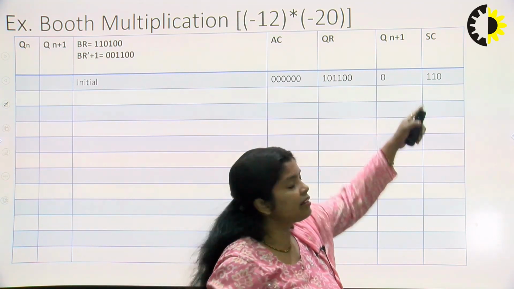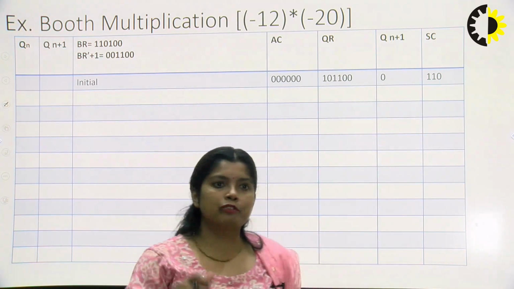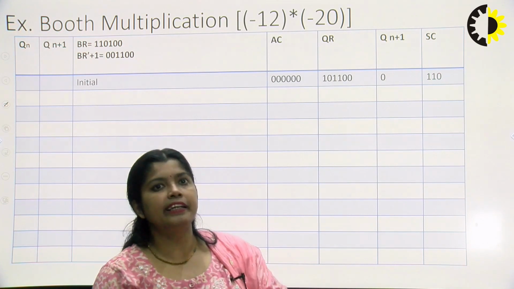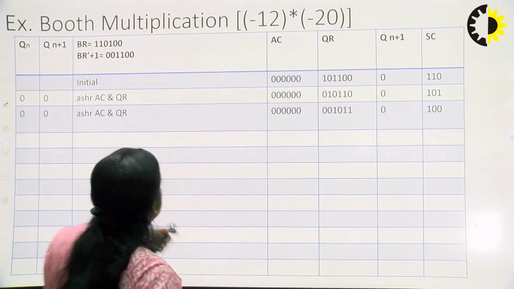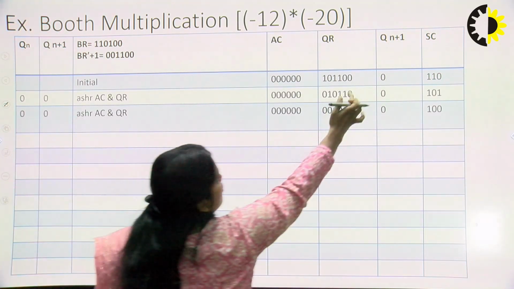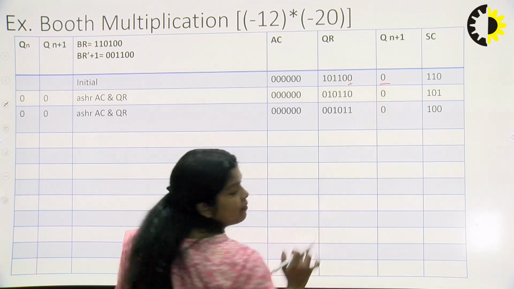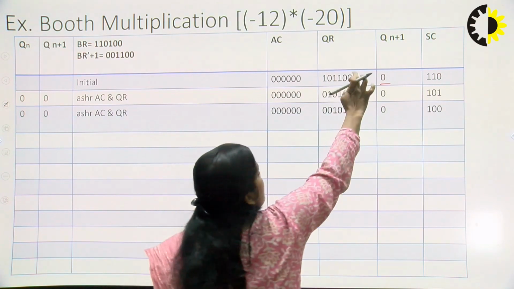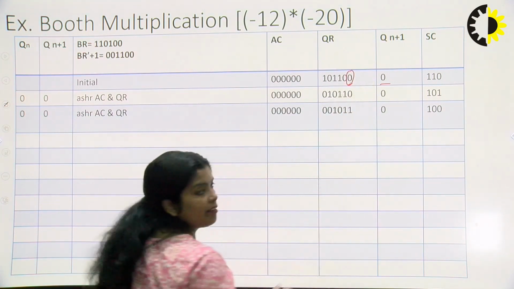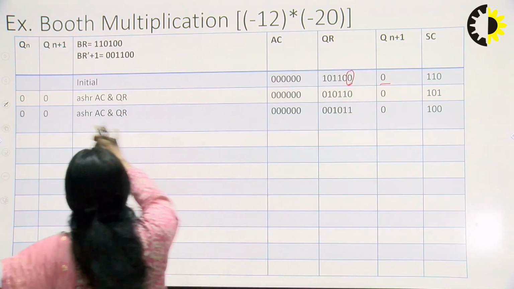And sequence counter is the number of steps to follow to get the result. The next value, first, we always consider QR and Qn plus 1, with 0 initialized. The QR has the least significant bit and next 0, 0.